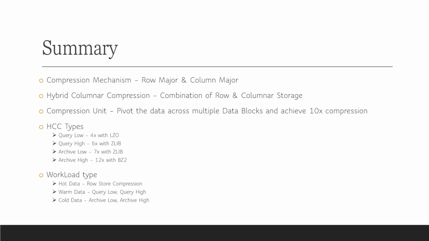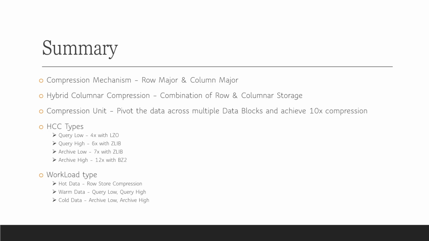To summarize our discussion, we have two types of compression in the market. First one is row major and second one is column major. In case of row-based compression, the duplicate values within the particular data block are deleted and the space is released. In case of column-based data, the data is stored as columnar values itself. So we are able to achieve a high compression ratio in columnar compression.